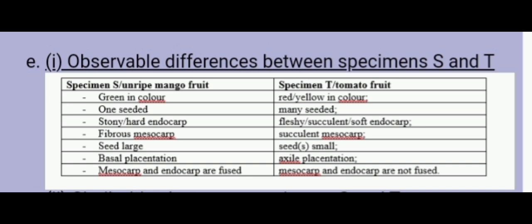Okay, so if you want to use color, you can say mango fruit is yellow or red or whatever in color, the ripe one, because it's ripe, will be given, and the tomato is red or yellow in color. All right. Okay, so let's move on.